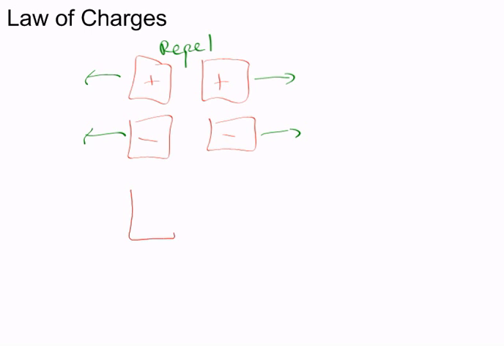If I bring an object close to one that is negative and positive, or vice versa, then they actually attract. Okay? So they actually like each other. So this is what we call the law of charges. Okay? Like charges repel, unlike charges attract.